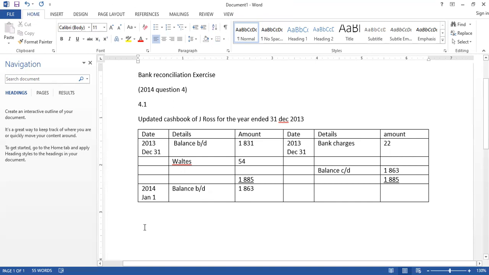The next part, we are told to draw up our bank reconciliation statement. So we have a fixed formula for drawing up a bank reconciliation statement.